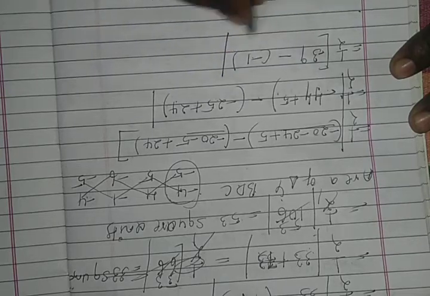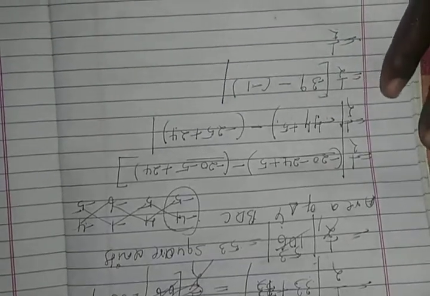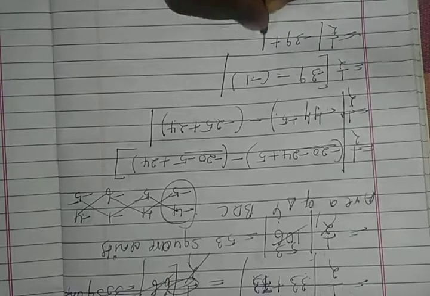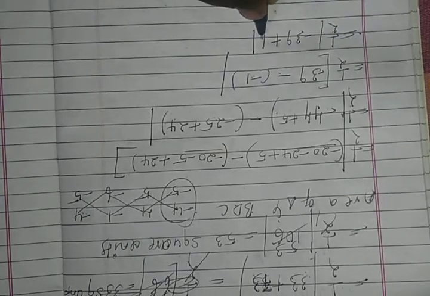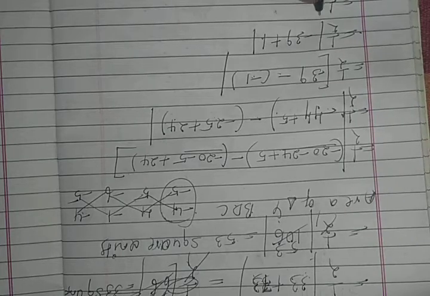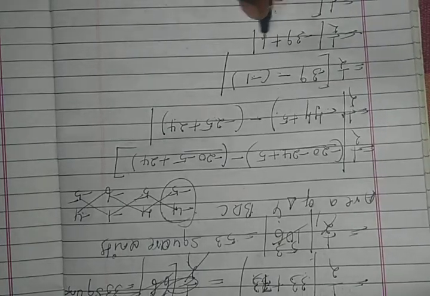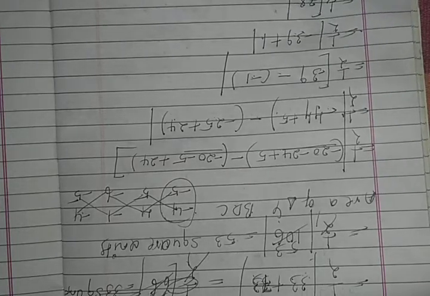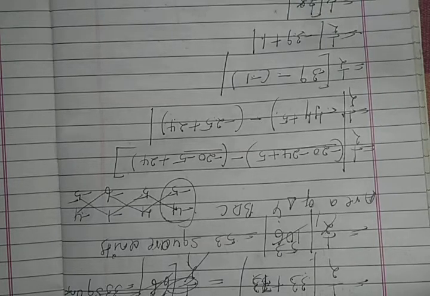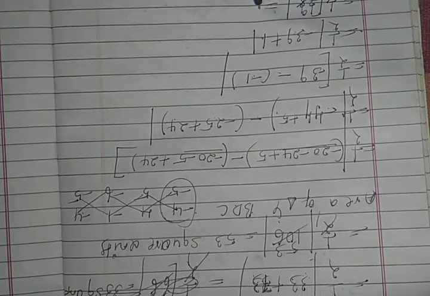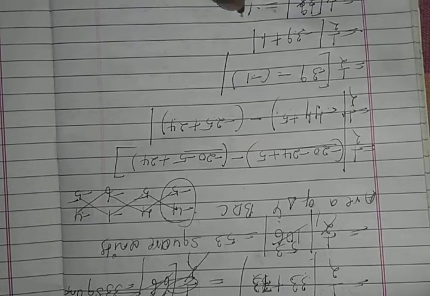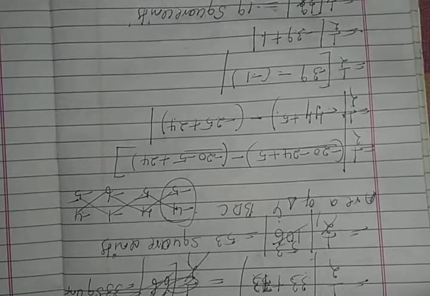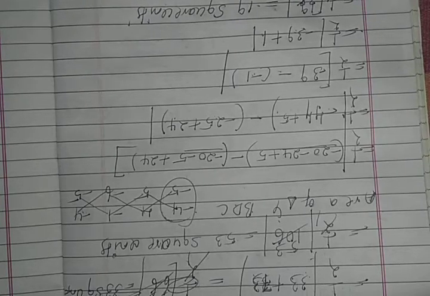So minus 39, minus into minus is plus 1, so 39 minus 1 is 38, big number is minus, half into 38, so it is equal to minus 19. Area cannot be minus, so that is plus 19 square units.